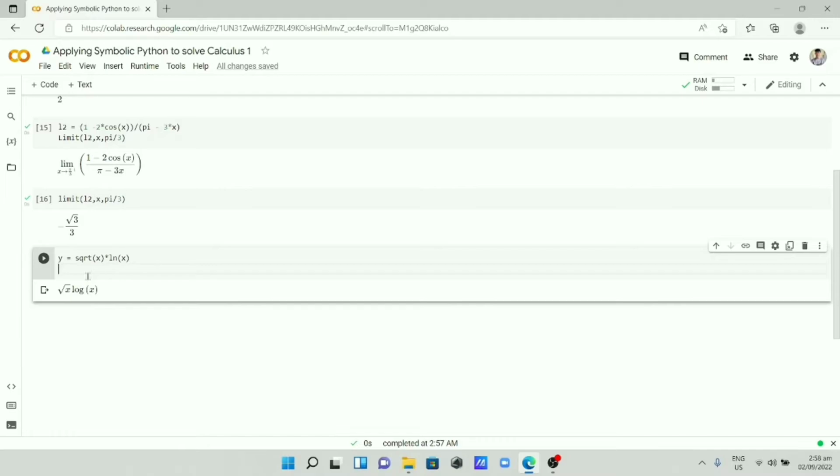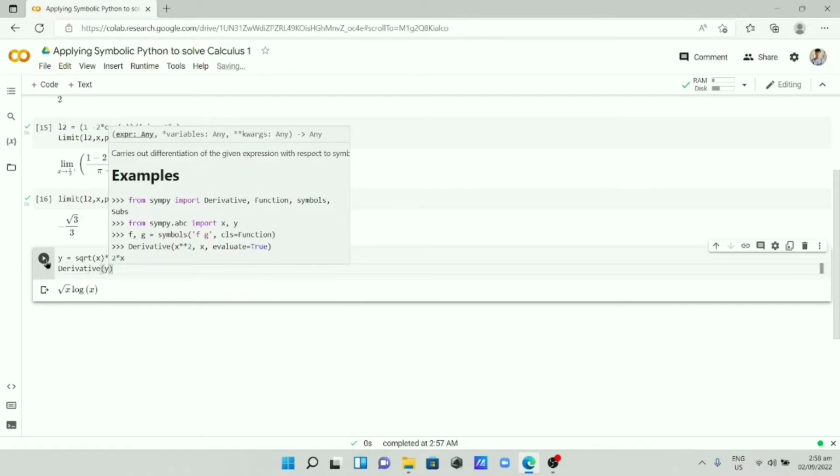There we go. And to display the derivative, the same as with the limit, we are going to use the uppercase Derivative of the function y.